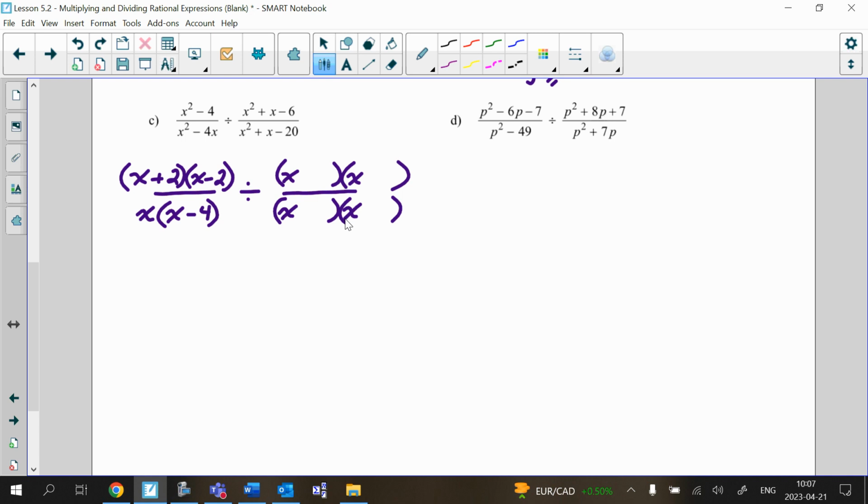Now, before I change to multiplication, state restrictions, state NPVs. Run through all the denominators. What can't x be here that would make this 0? And 4 again, I don't have to write the 4 again. So x cannot be 0, 4, or negative 5.